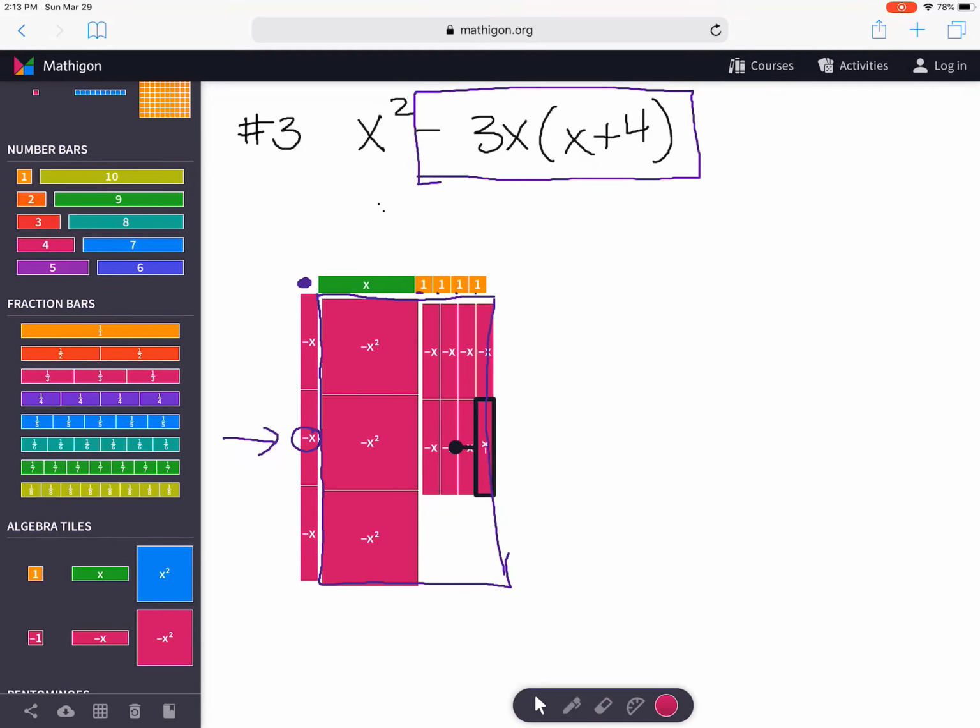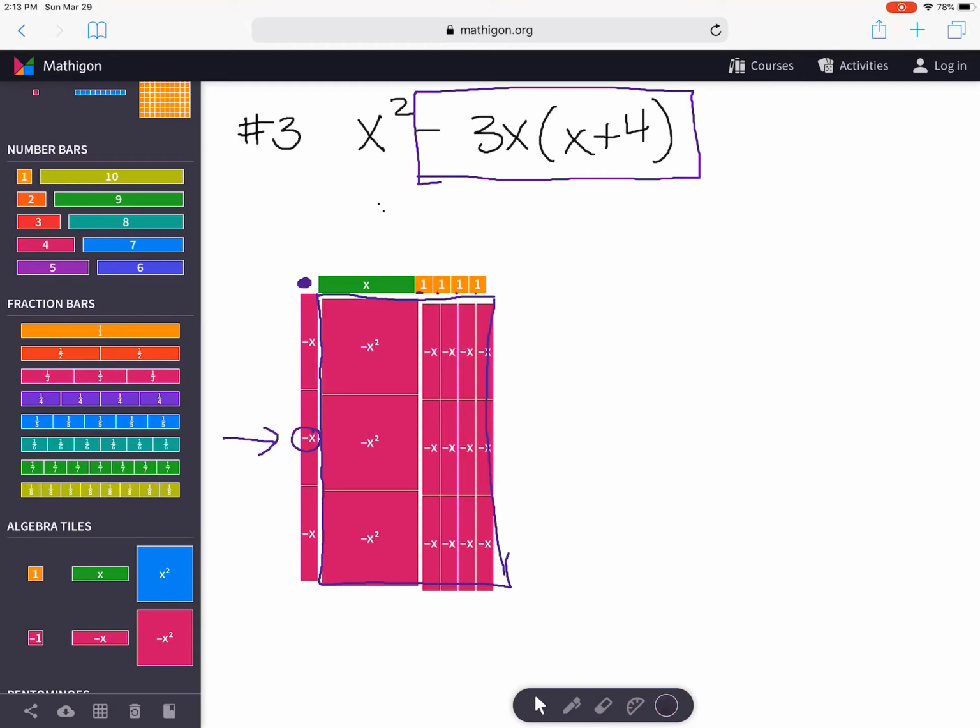I can do it for my last negative x down here at the bottom. We can see how I've now created this perfect rectangle, which is our goal here.